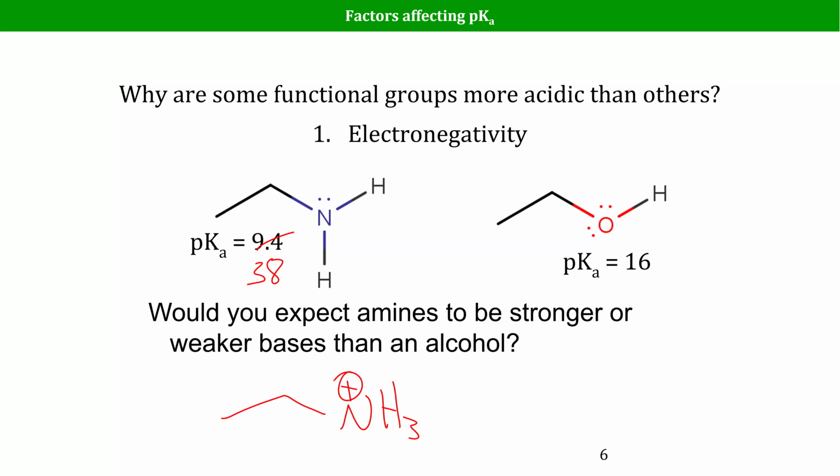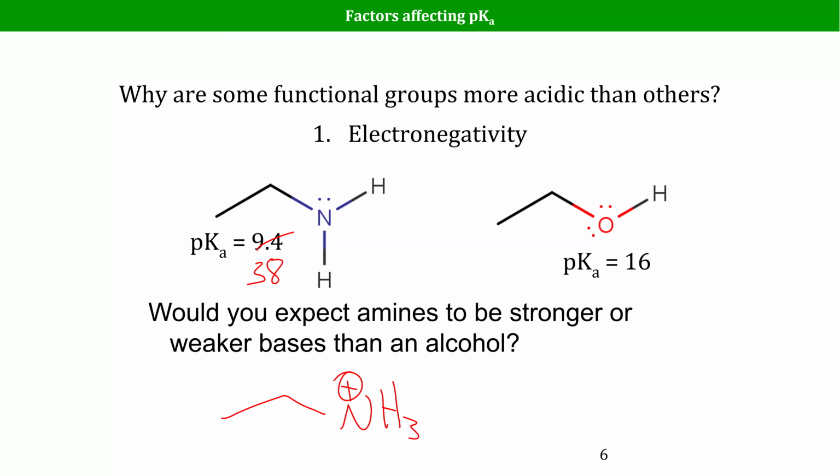And conversely, what does that say about them being a base? Exactly. So if we wanted to protonate this and have it act as a base, the conjugate acid is going to have a pKa of about 9.4. And a protonated alcohol is going to have a pKa that's down in like the 2 region.